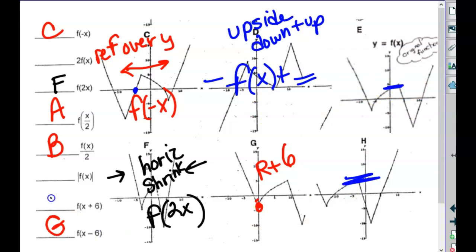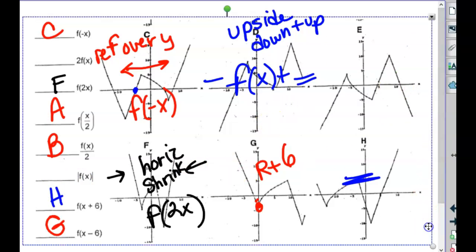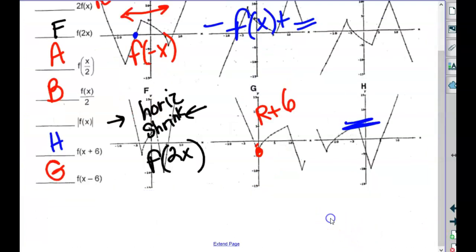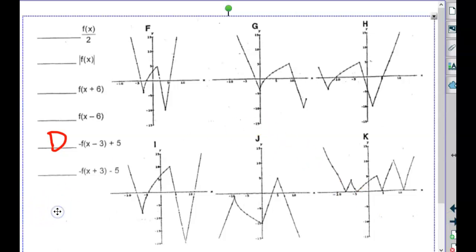So left, I'm going to go with is H here. All right, and I will that puts me down here.